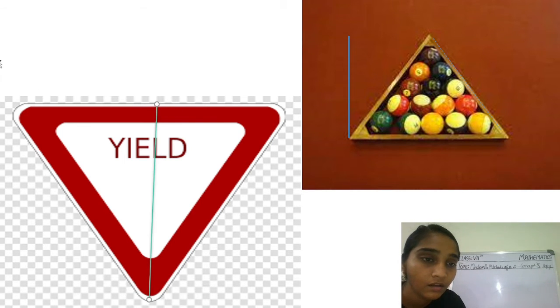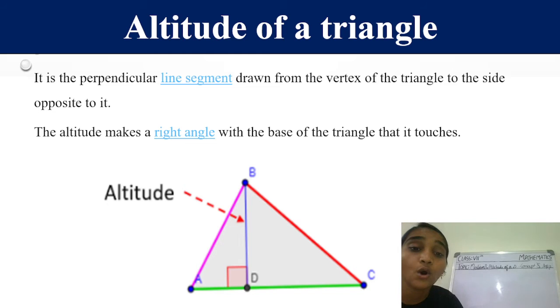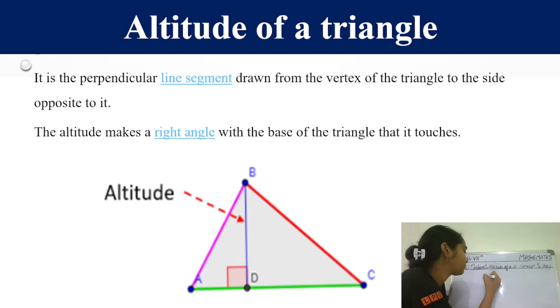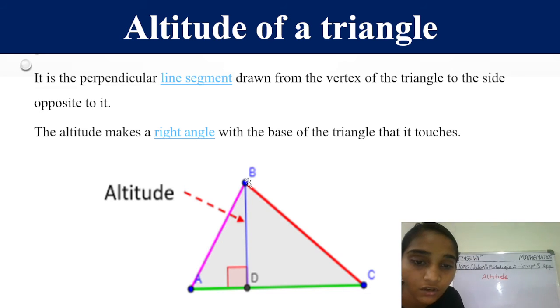Very good, students. So actually we give a name for this, which is called the altitude of a triangle. What is it called? Yes, altitude of a triangle. So it is the perpendicular line segment drawn from the vertex of the triangle to the side which is opposite to it.